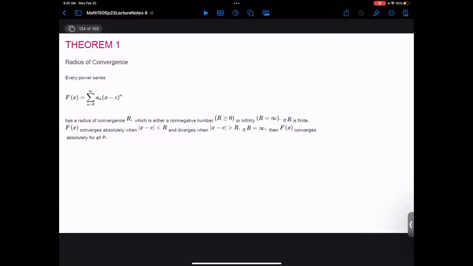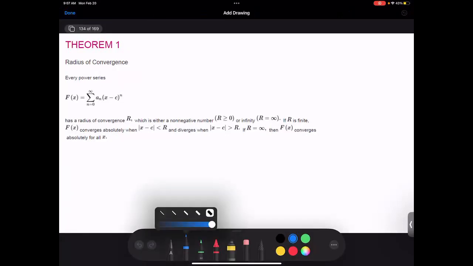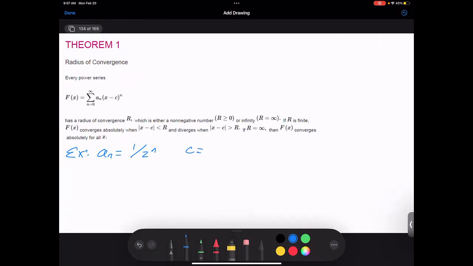For different choices of x minus c, it might converge or diverge. So for example, let's let a_n equal 1 over 2 to the n, and let's let c equal 3.